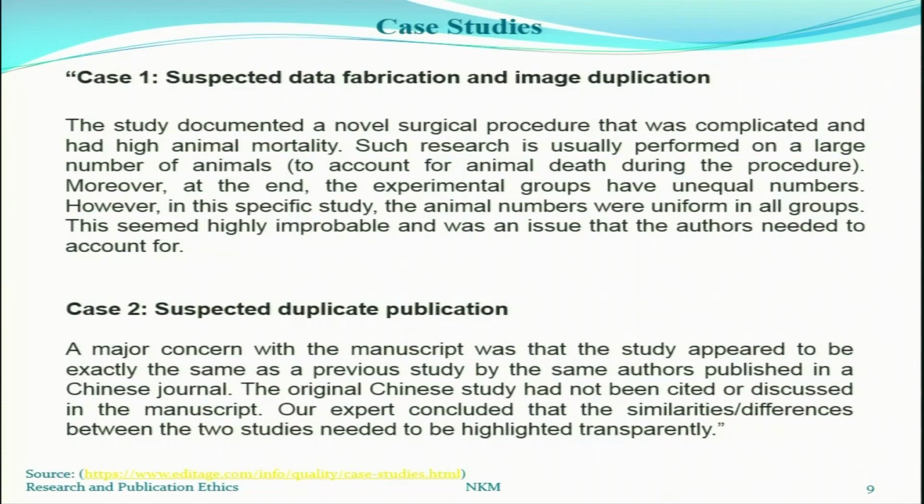Such research is usually performed on a large number of animals to account for animal death during the procedure. Moreover, at the end, the experimental groups have unequal numbers. However, in this specific study, what the editors found was that the animal numbers were uniform in all groups, which seemed improbable and was an issue that the authors needed to account for.